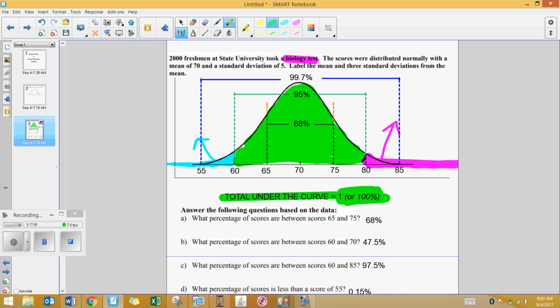This middle green portion is 95, so the remaining right and left tails, they kind of look like little tails, those sides will give you the remaining 5%.